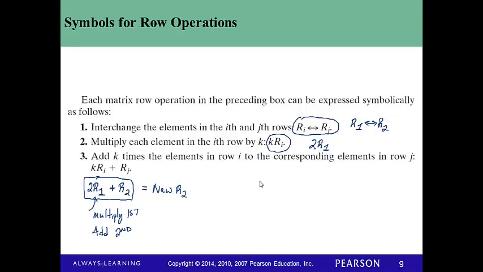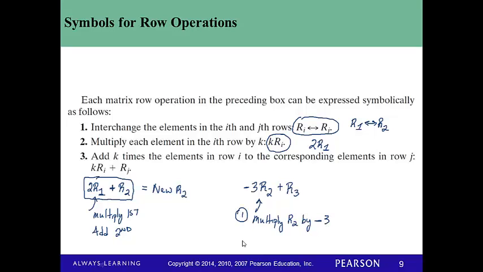Let's put another example. What if it was negative 3 times the second row plus the third row? The first thing you would do is multiply the second row by negative 3.